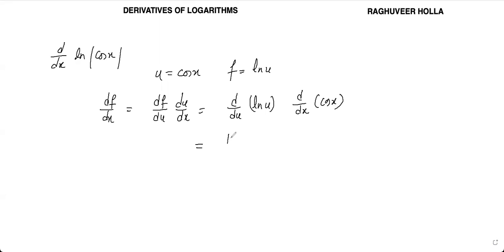Now this is 1 by u, and this is minus sin x. So you get minus sin x by cos x, which is equal to minus tan x.